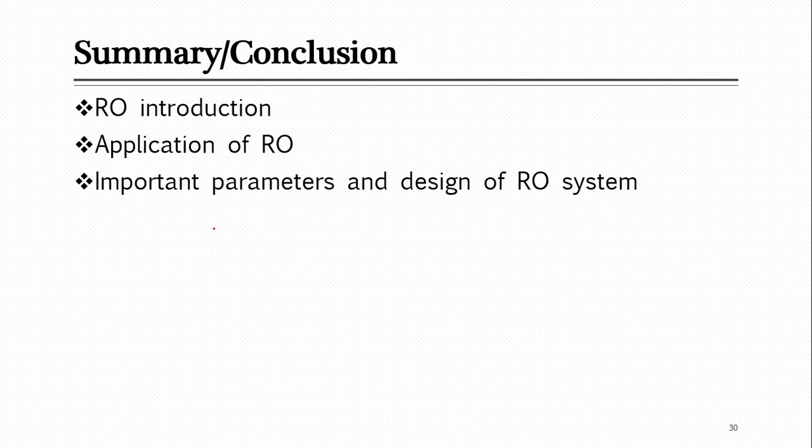Then in this lecture we started with the important parameters, that were flux of solvent through the membrane, salt passage, salt rejection, concentration polarization, and pressure drop. So out of all these parameters, pressure drop is not calculated, that's measured with experiments, but all others can be calculated, and then we solved a problem in which we utilized all the formulas which are used for calculating those parameters.